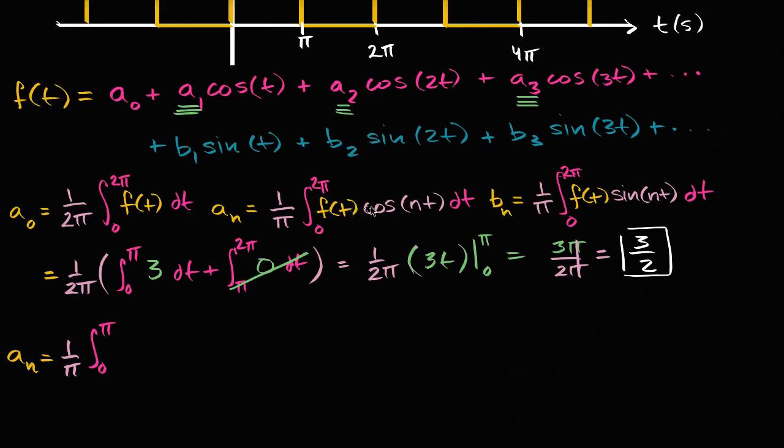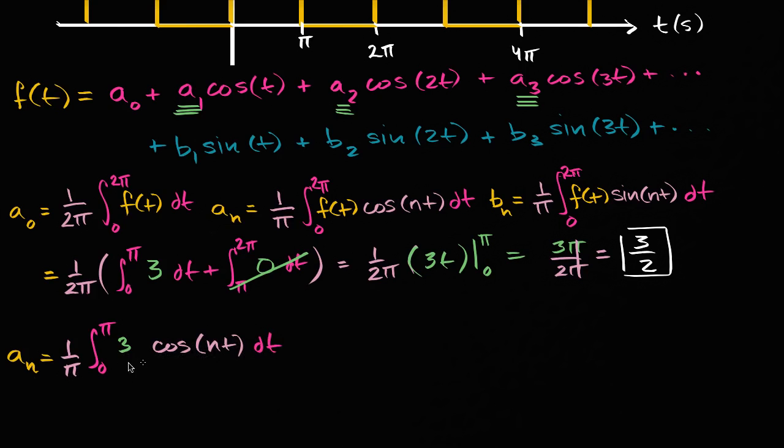It's going to be 0 times cosine nt, which is just 0. So for this particular square wave, I can just worry about from 0 to pi. From 0 to pi, f of t is 3. So it's going to be 3 cosine of nt, cosine nt dt.